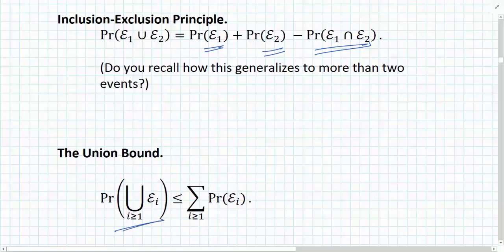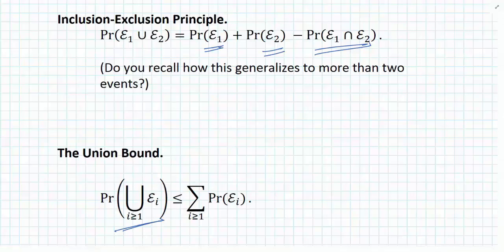We could use the inclusion-exclusion principle, but the formula gets pretty messy, especially when the number of events is more than two. However, there's this nice simplification. The right-hand side need not be as complicated if all we want is an upper bound, and for a lot of purposes, this upper bound is sufficient.